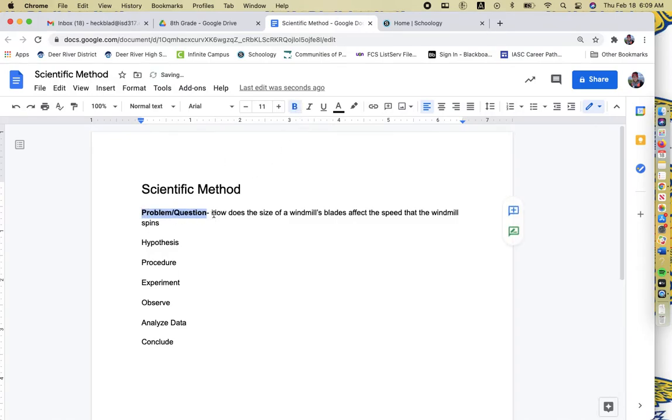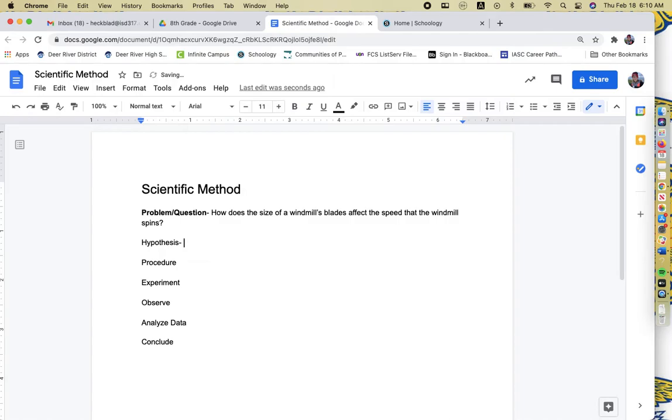Write problem/question and then write that as our question. And as any good question, we've got a question mark at the end. So again, pause if you need to. But that is what we are going to conduct an experiment on. We are going to see, using a model, how windmill blades can affect the speed of that windmill.